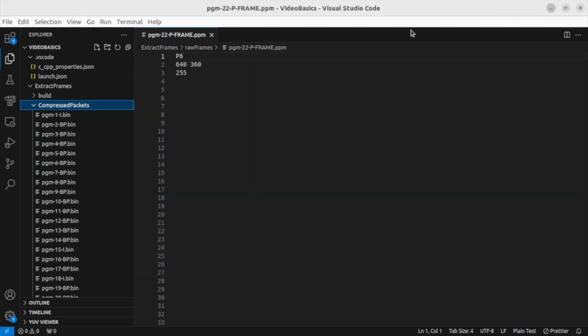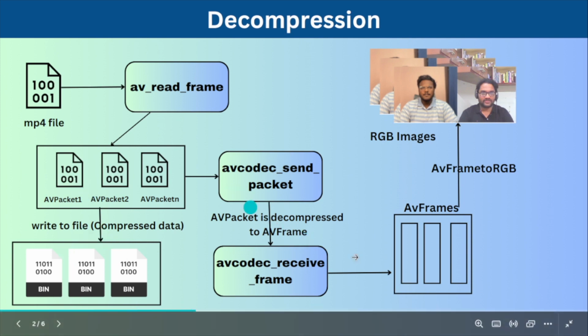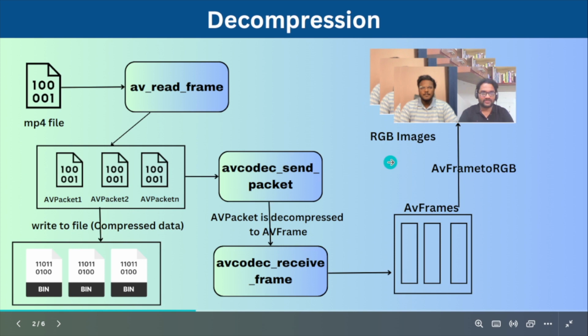In such a way we can get all the packets written into a file, and all the frames written into a file. But while writing the frames into the file, we need a specific color format, and we gave the RGB color format. This is what we learned in the decompression part.